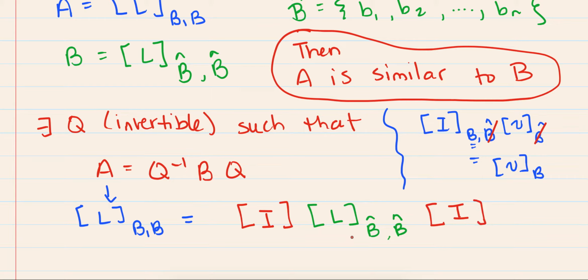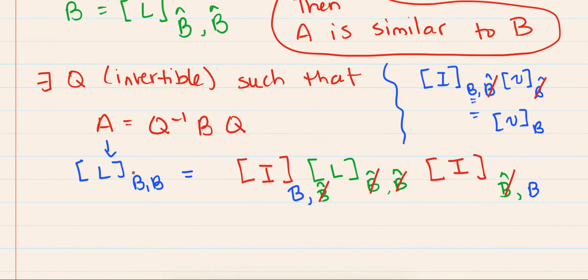Here I'm going to put B, that's the basis I want, comma, B hat, and here I'm going to put B hat, comma, the basis I want, which is B. Why that works is because these cancel out, and I'm left with, you can think of I times L as L, and L times I as L. So then this simplifies to L with this basis and this basis.